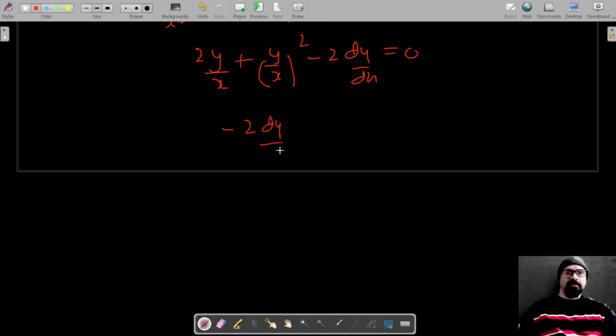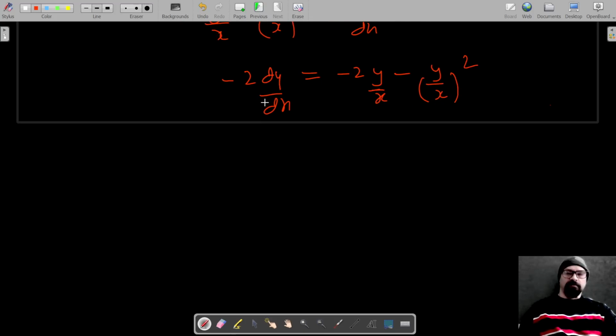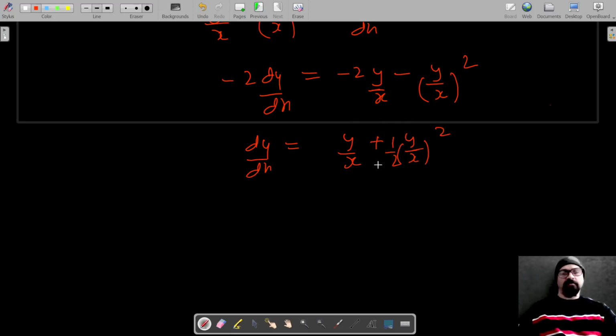So this is negative 2 into dy by dx is equal to negative 2 y by x minus y upon x the whole square. So if we eliminate negative 2, this is dy by dx, and this is y by x plus, divided by 2, so this is half into y by x the whole square.